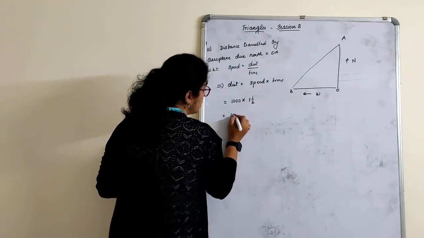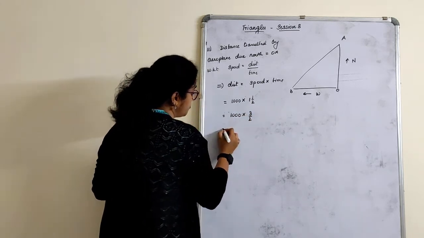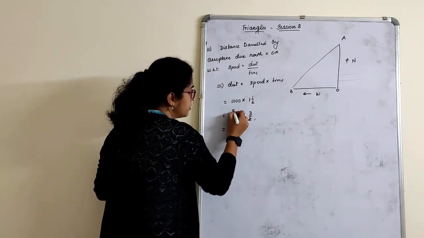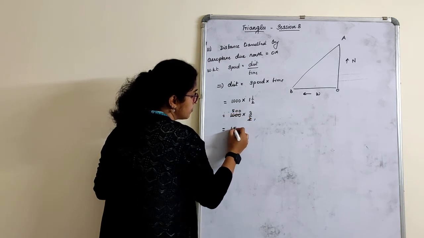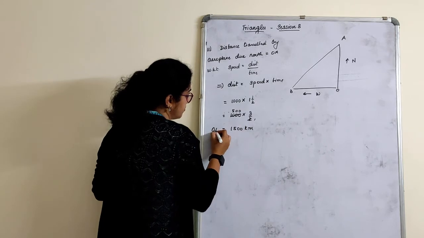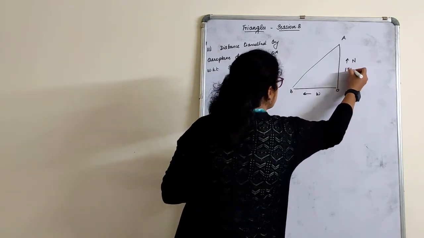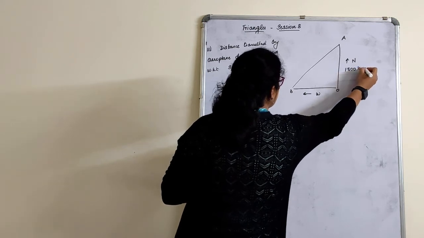So this is 1000 into 3 by 2. That is 1500 kilometer. So this OA is 1500 kilometer.